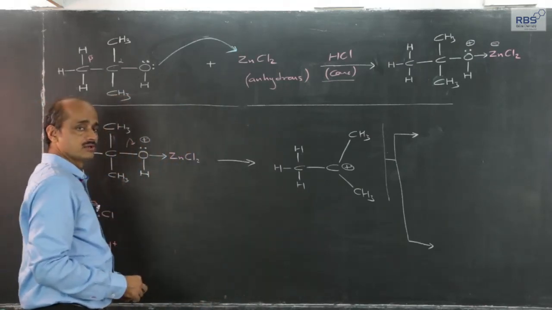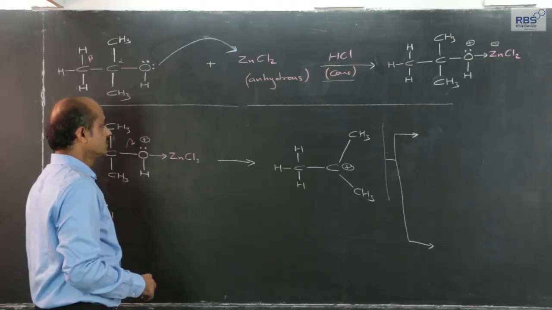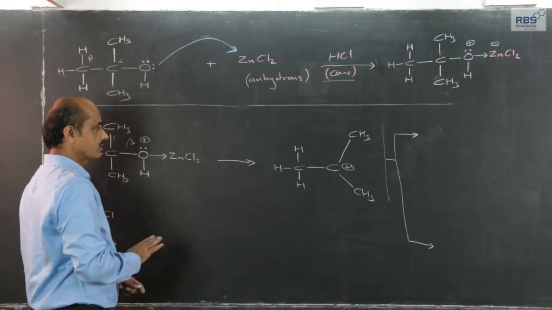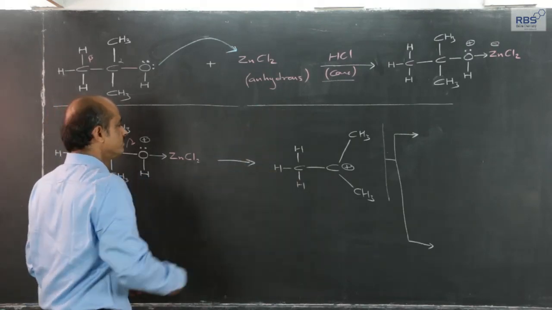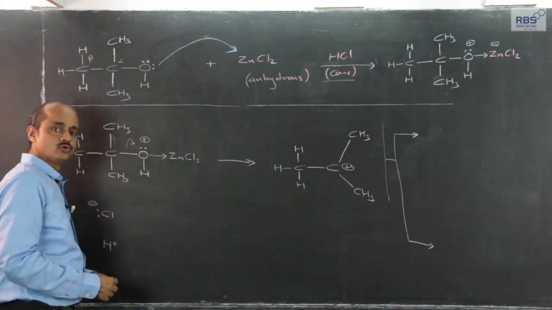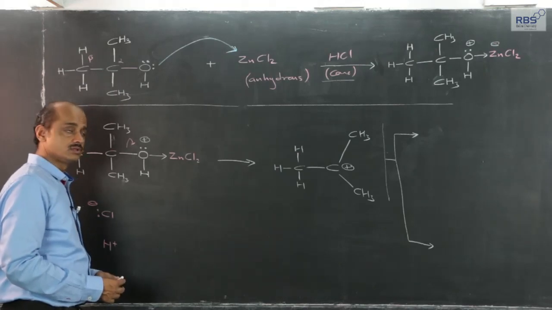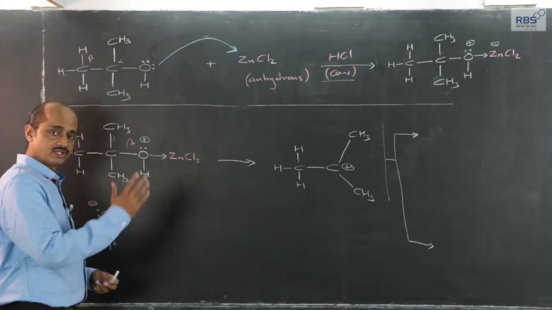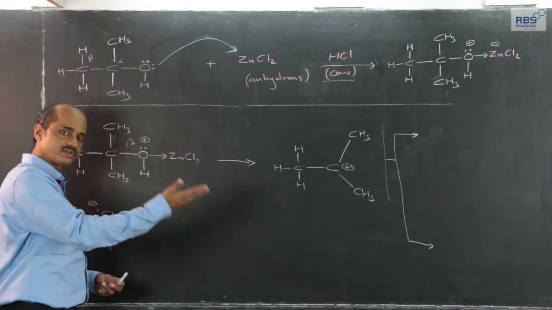We started with primary alcohol. It was of SN2 type, one step, attack of the nucleophile and removal of the group. Then isopropyl alcohol, a secondary alcohol: in that case it was two steps, first the breaking to form the carbonium ion, then the attack of Cl minus ion.